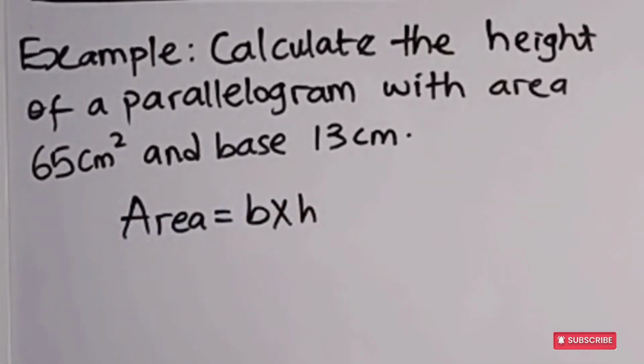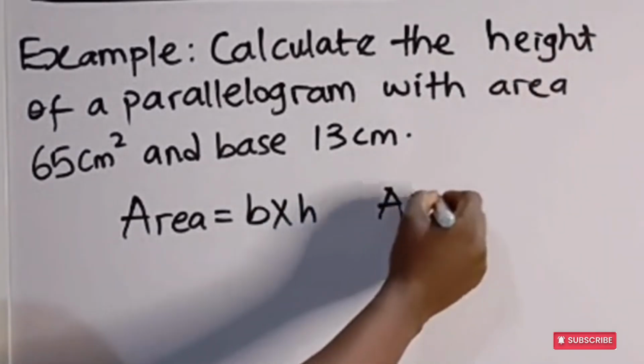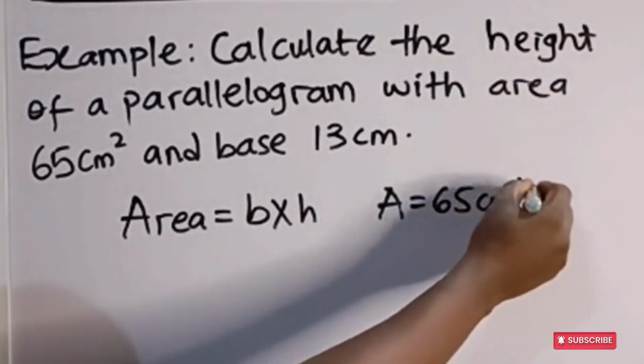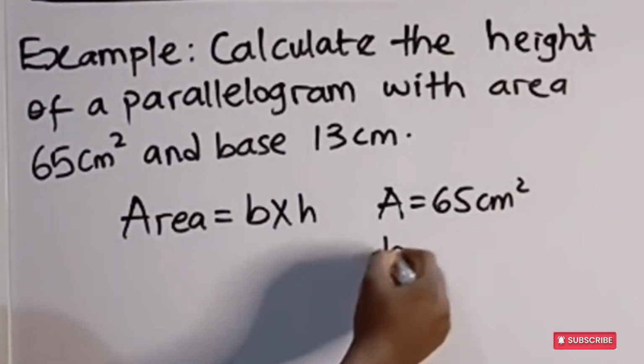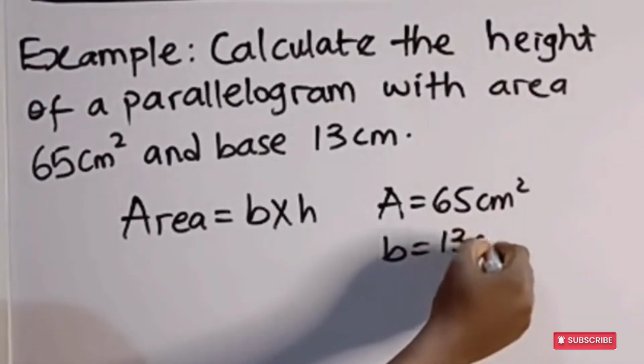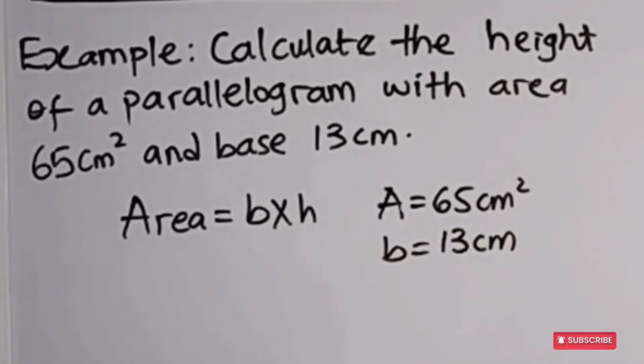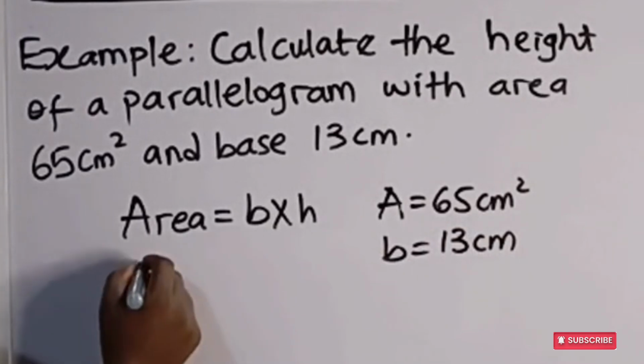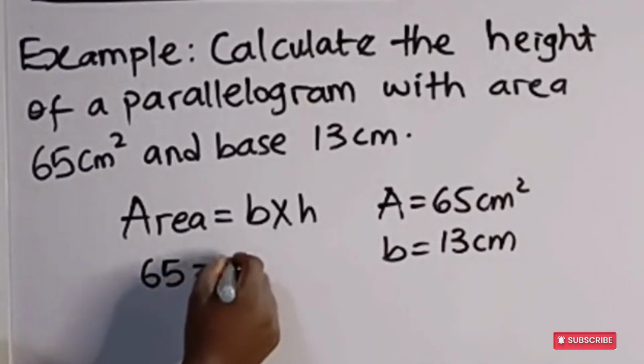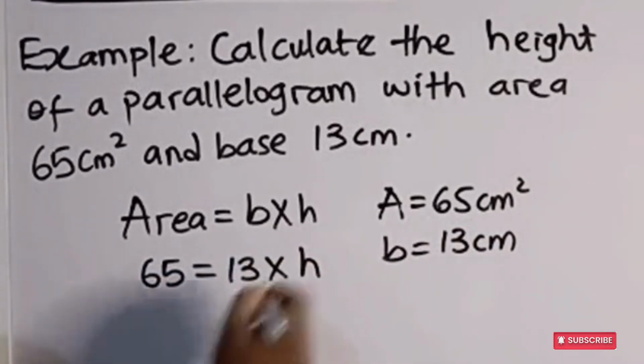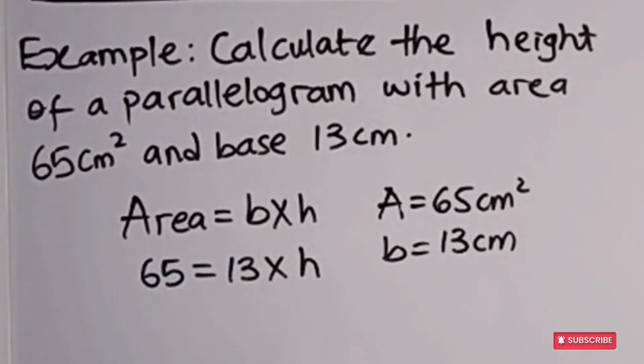We are given the area to be 65 centimeters square, and the base is equal to 13 centimeters. All we need to do is fix in the values and find the height. So 65 is equal to 13 multiplied by h.